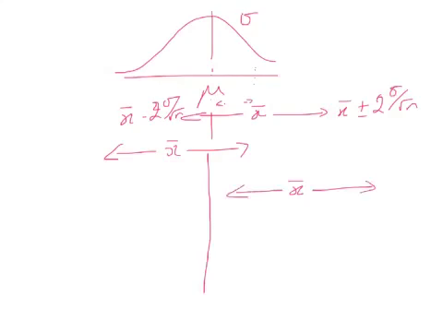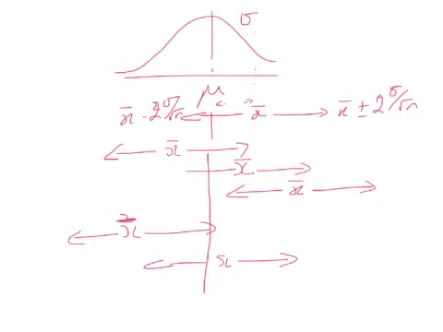If we got a sample mean here and we got the same interval, meaning that we add 2 standard errors or 2 standard deviations away from the mean. If we got one here, it would be like this. If we got one here, you notice that some of these intervals happen to have the mean, some of them don't have the mean.